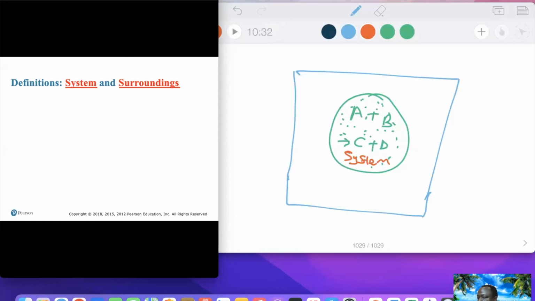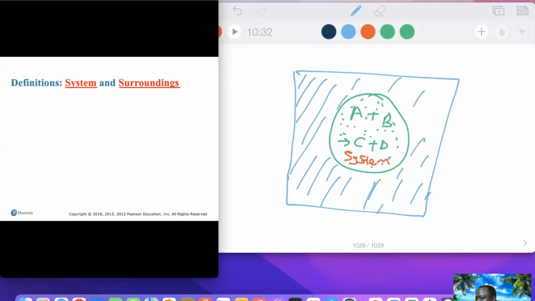And what surrounds the system, we call the surroundings. You can think of the lab as the surroundings; it surrounds the system.